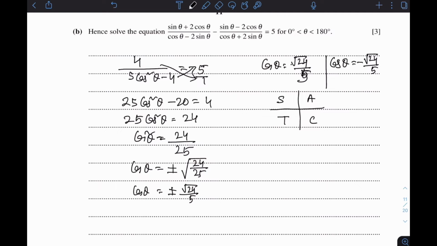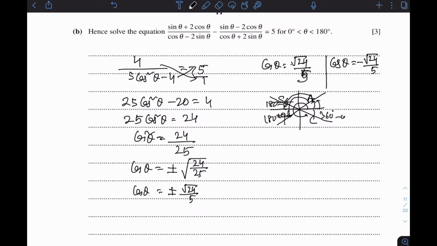S is responsible for sine and cosecant only, T is for tangent and cotangent, and C is for cos and sec. In the first quadrant, it is always theta. In the second quadrant, it is 180 minus theta. In the third quadrant, it is 180 plus theta. And in the fourth quadrant, it is 360 degrees minus theta. Okay, 360 less than theta, 180 more than theta, 180 less than theta.